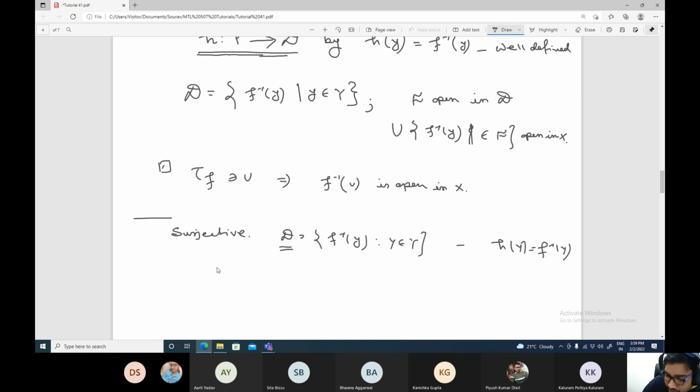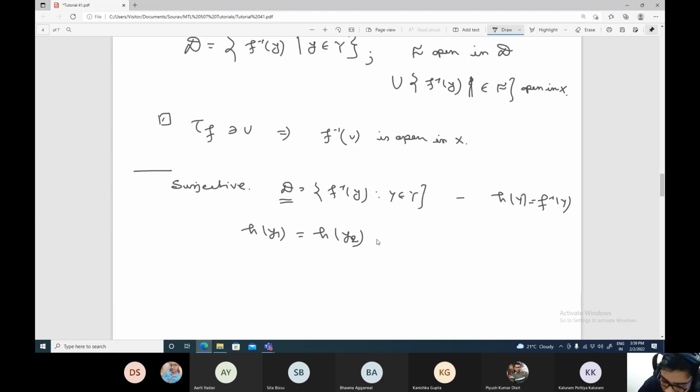And for injectivity, take h of y1 equal to h of y2. Okay, so you have to prove y1 equal to what? So this implies f inverse of y1 equal to f inverse of y2. Now, if we take an element from there, these are actually subsets of x, right?